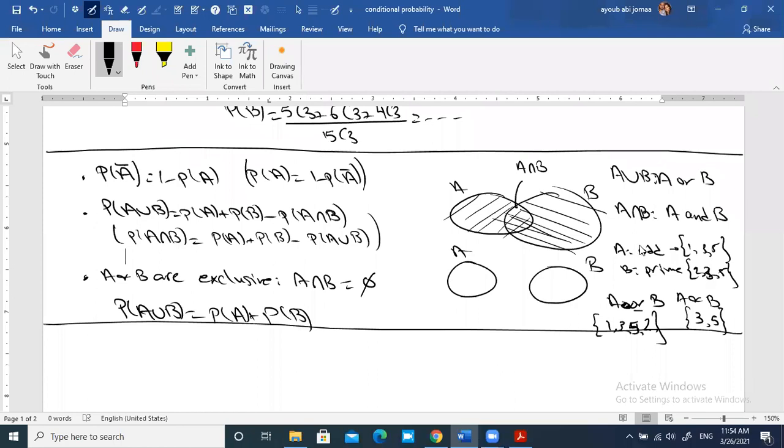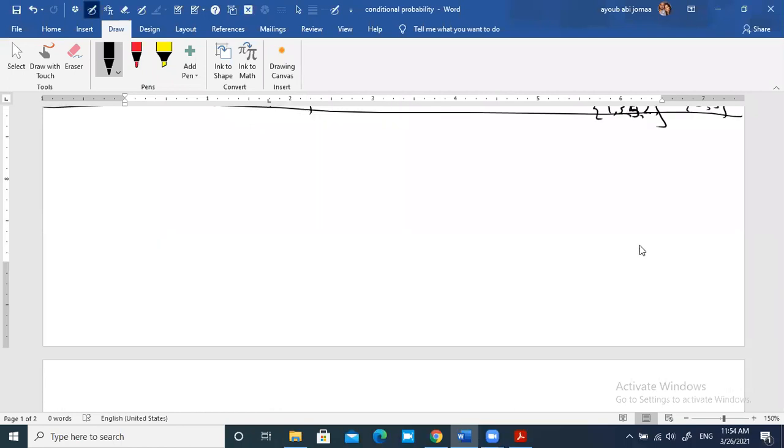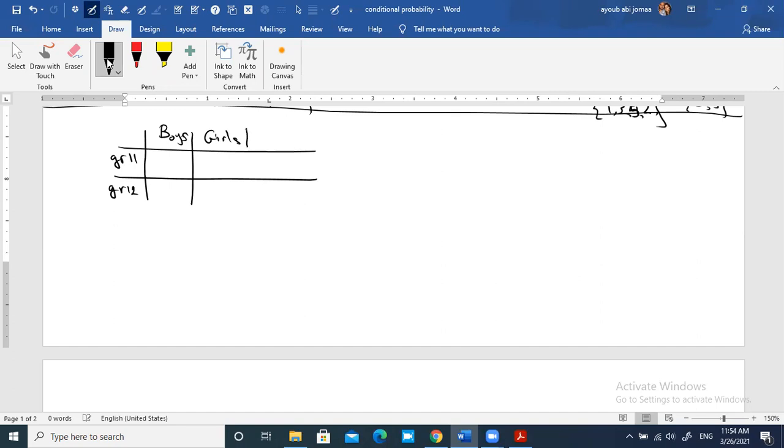Let's consider this activity. Students of grade 11 and grade 12 are distributed as follows: boys and girls. Let's say in grade 11 there are 12 boys and 8 girls.